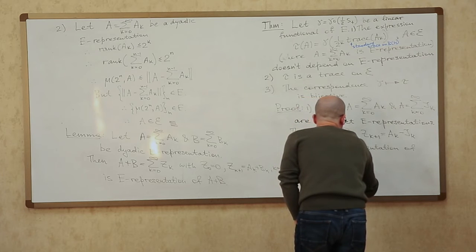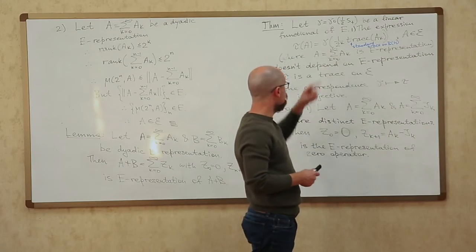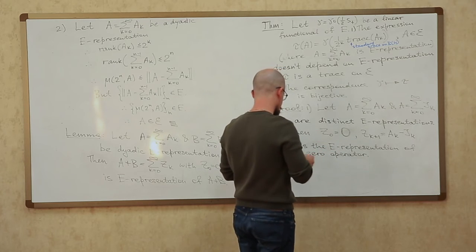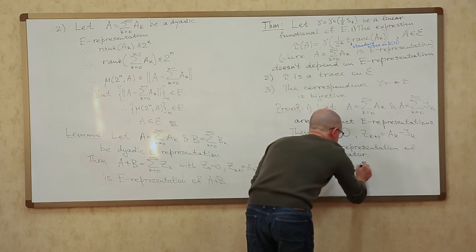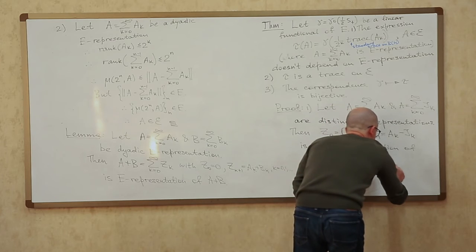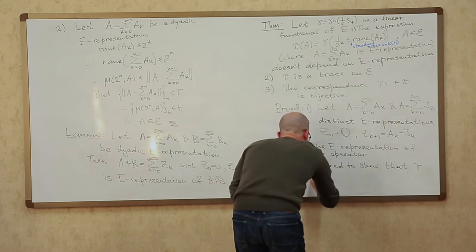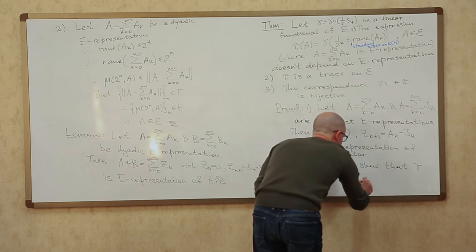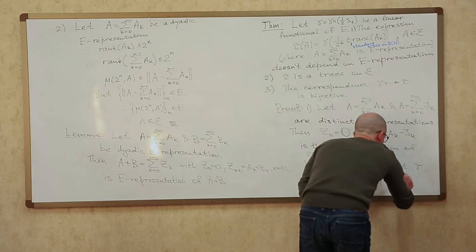So to prove the independence, we need to show that gamma vanishes on the sequence A, which is given as trace of Z_k over 2 to the power of k.